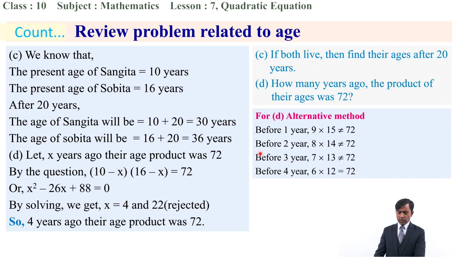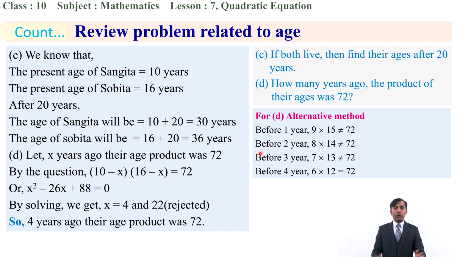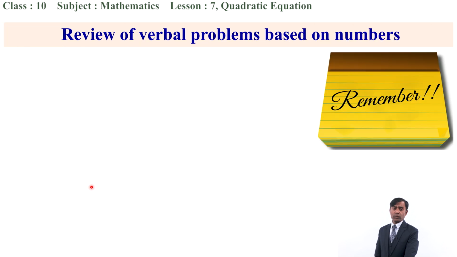So we can say that before 4 years their age product was 72. By another method also we can find it. And in place of factorization, we can solve by the completing the square method, or by any method we can solve the quadratic equation.